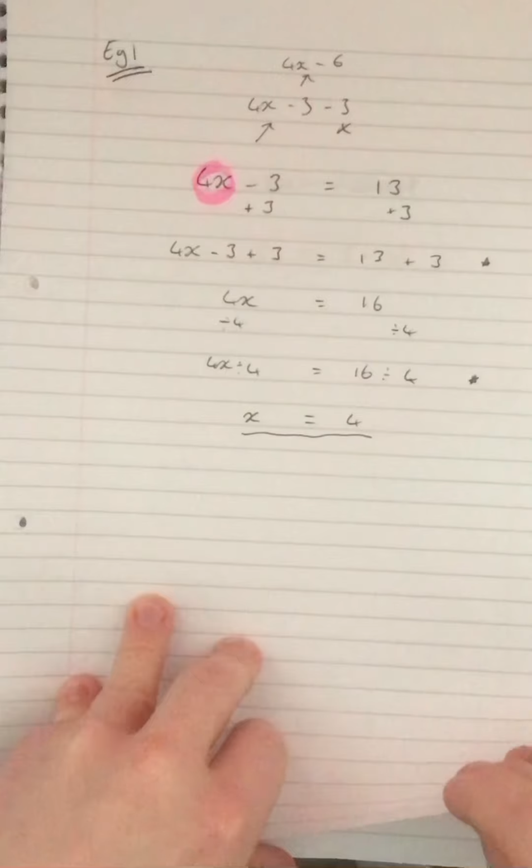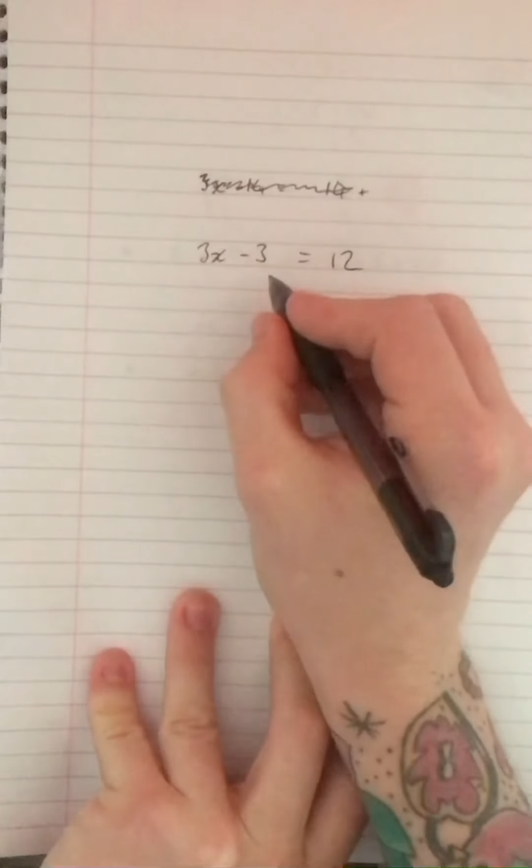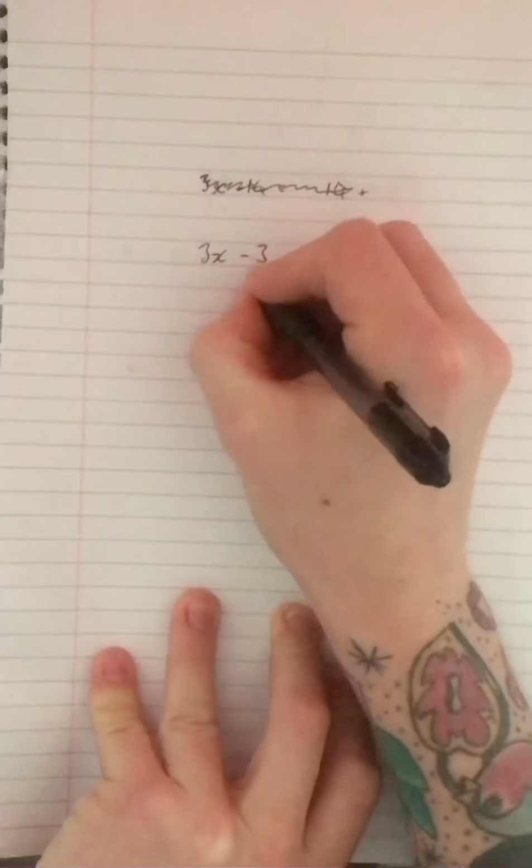Okay? So guys, just have a little look through that. And then can you please attempt 3x take 3 is equal to 12. So pause the video and have a go at this. Right guys, you should have had a go at this now. I'm very quickly going to run through the working for this.